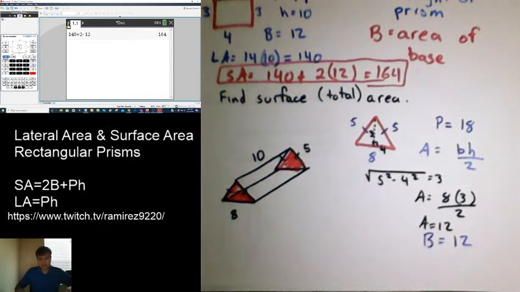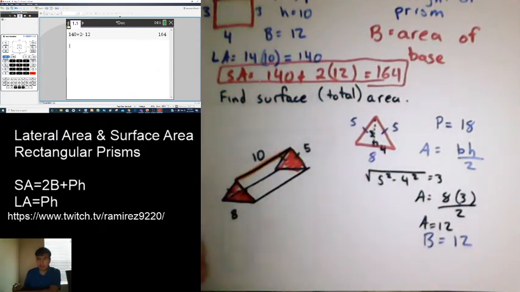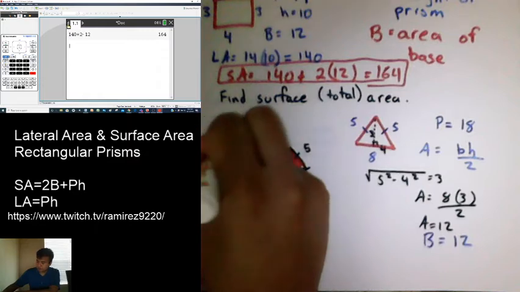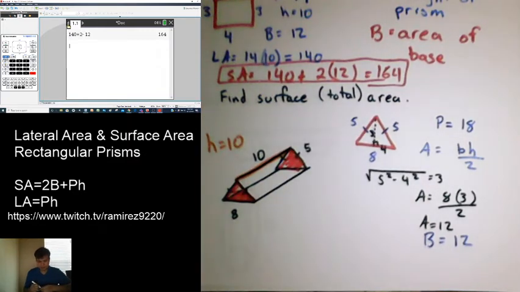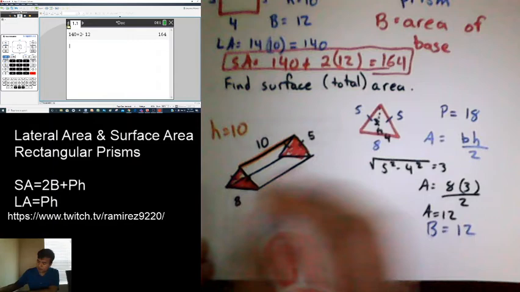Now the overall height in this figure is the distance between the two bases. So my height of the prism is just 10. So if I want to calculate the total surface area, I'm going to go ahead and use the formula. And it's the same formula. As long as it's a prism, it's the same formula.